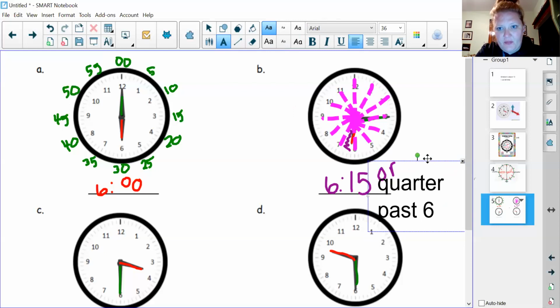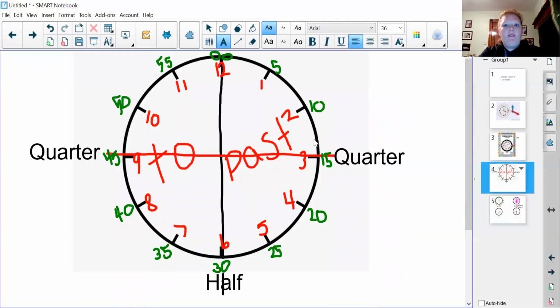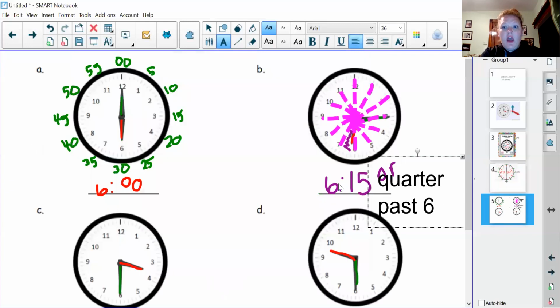Because remember, we had the 4 sections of the clock. The 3 and the 9 are my quarter points. And if it's the first 2 sections, it's quarter past that hour. So right now, it's 6:15 or quarter past 6.